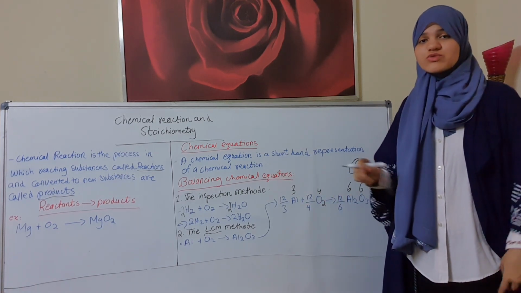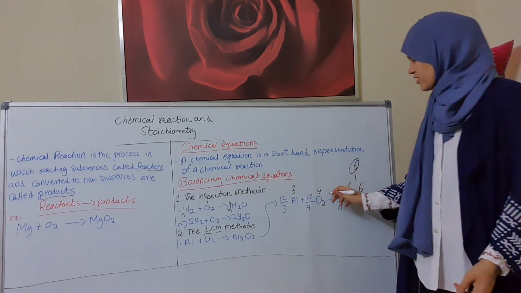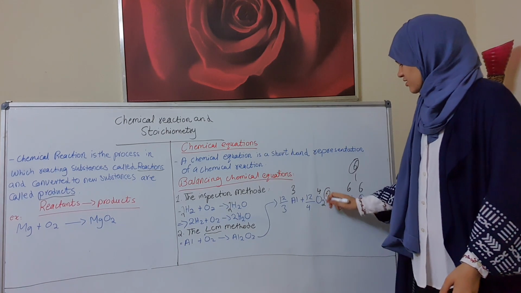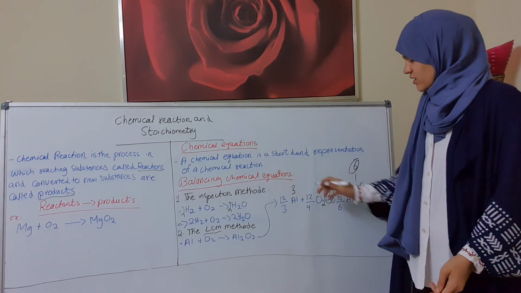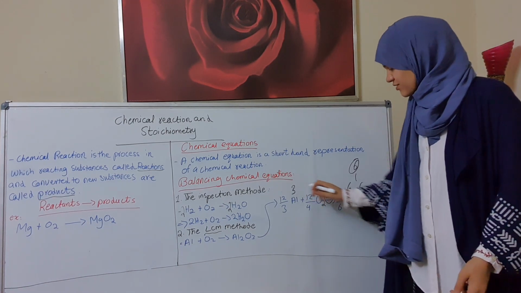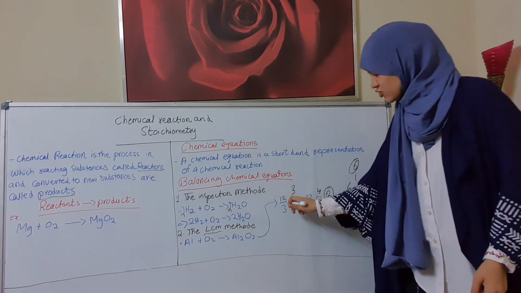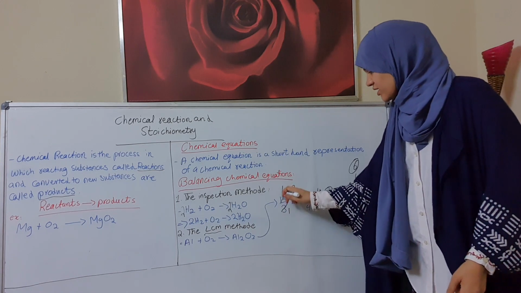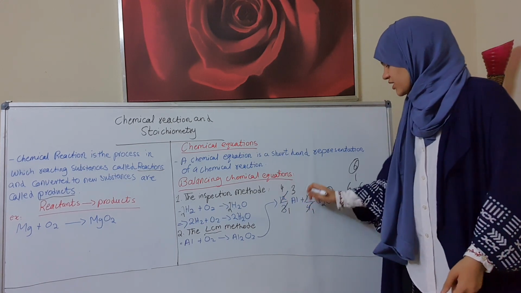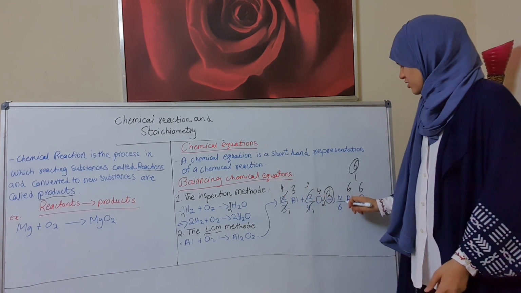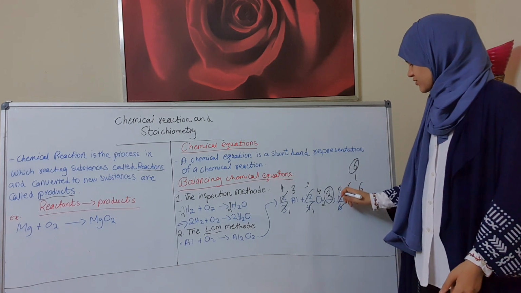So we'll make 12 here. Now 12 over 3, 12 over 4, and 12 over 6. So we will do 12 over 3 is 4, 12 over 4 is 3, and 12 over 6 is 2.